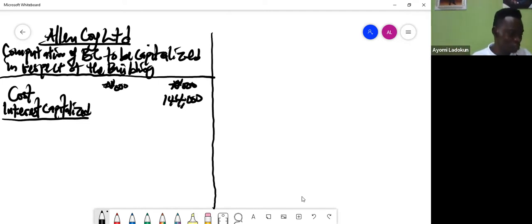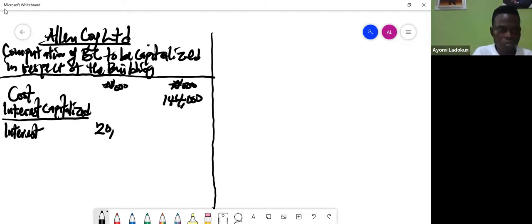You see, it's only the 7-year note that has been specifically raised to fund the building. And the interest, they have computed it for us, is actually 20,000. So we now say interest on loan. That's the interest. They gave us the percentage, so you apply it on that loan. So you're already given it to us.